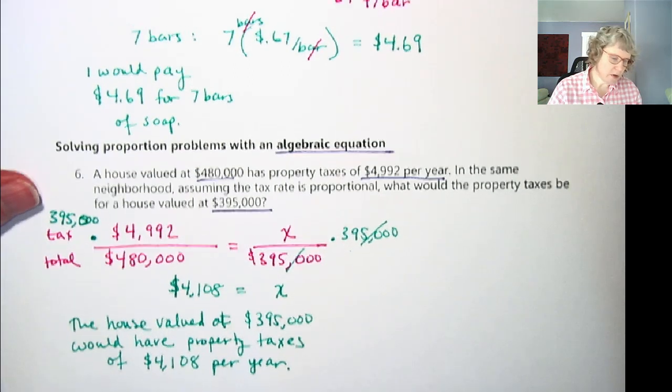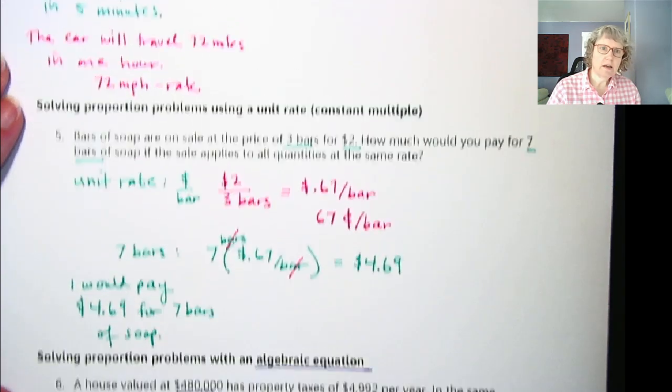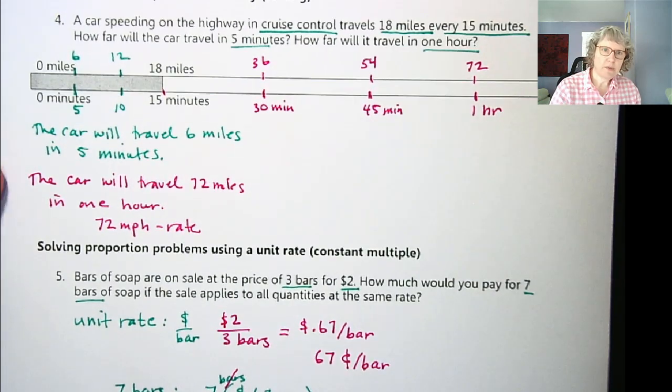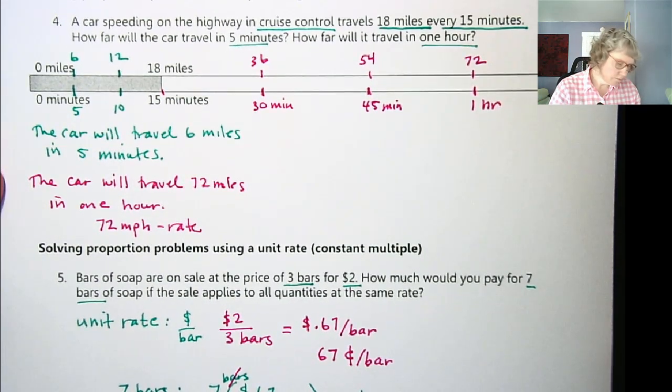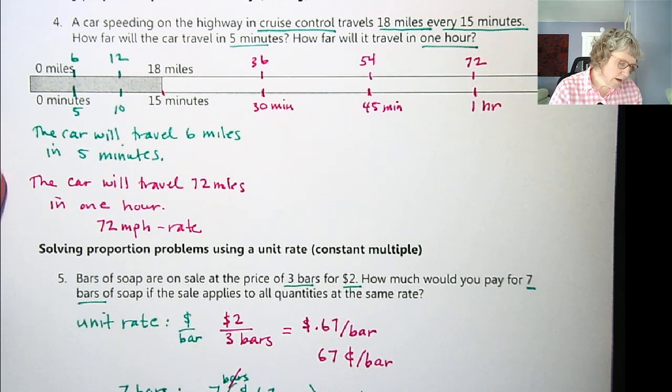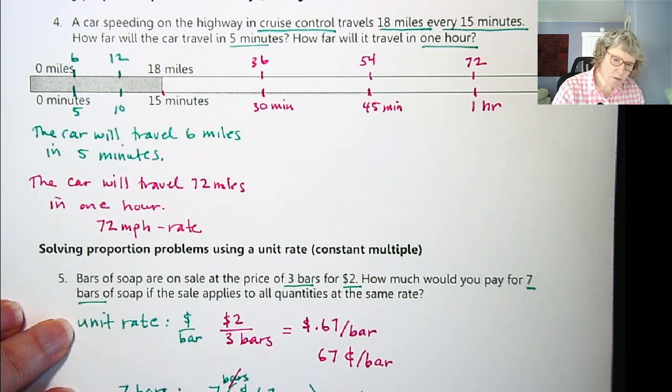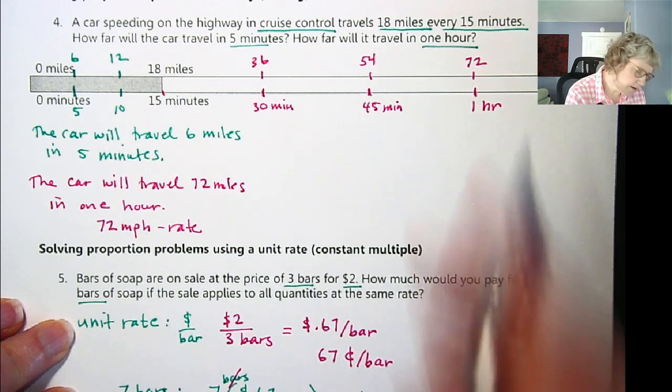Okay, but I'm going to go back up to our speeding problem and see, let's say we want to do that one with a unit rate, the second method.